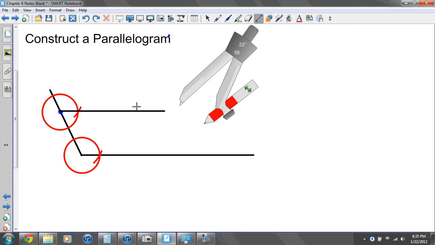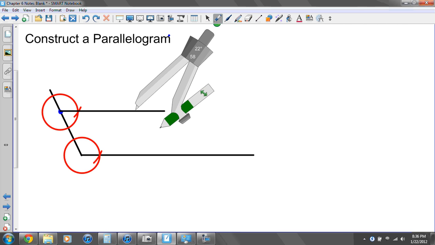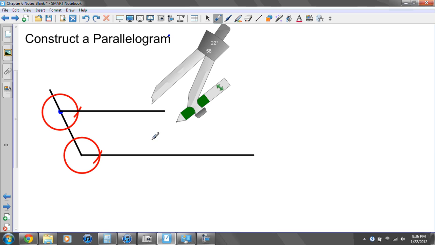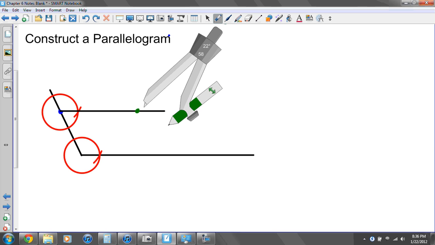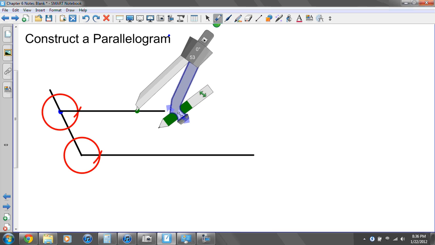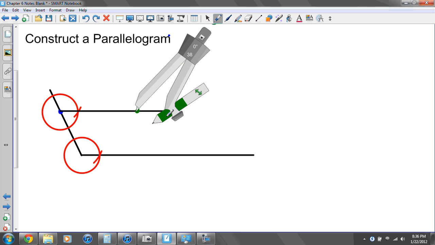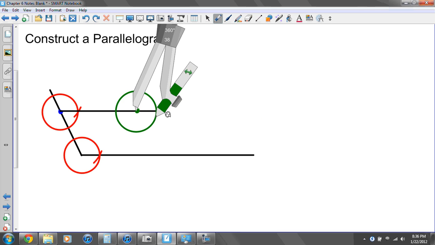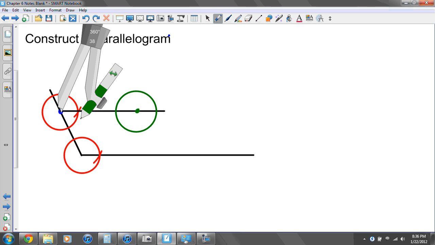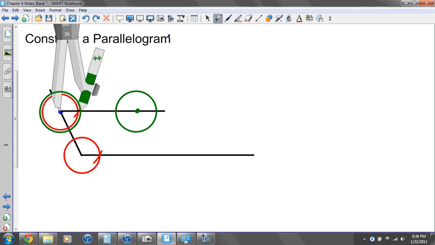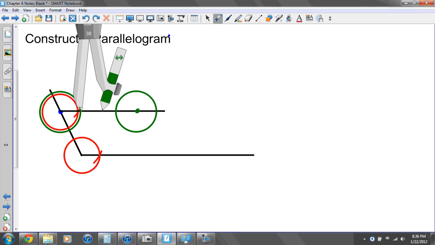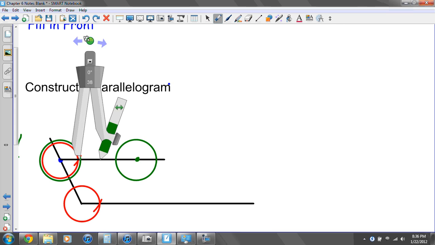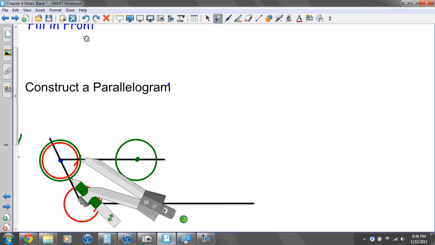Okay, and then I can do the same thing to make another line that goes through here that's parallel to this one. So let's make a point where I want to go from, right here. I'm going to make a circle, come over and make the same circle from here. And now I want to know how far this point is from this other point.